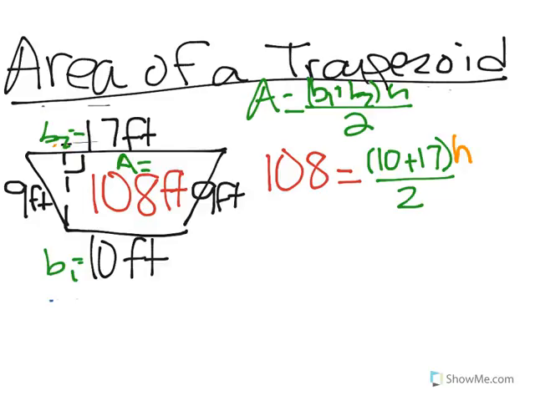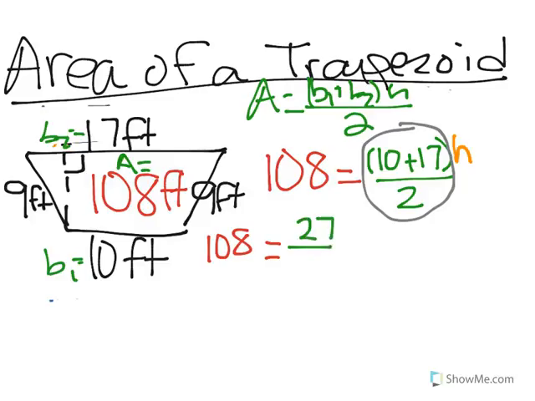So our game plan is we should solve what's being multiplied by height first. So let's do that. So we're going to leave 108 equals, well, 10 plus 17 is 27, divide by 2, times the height.